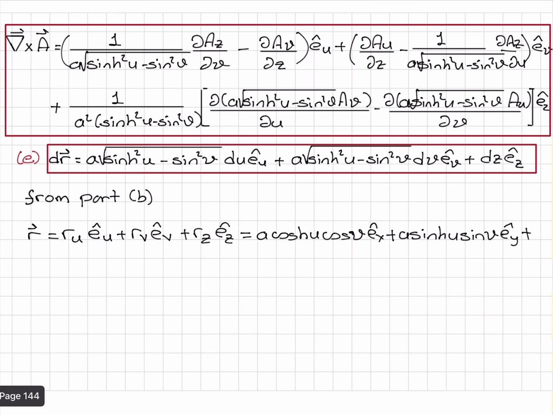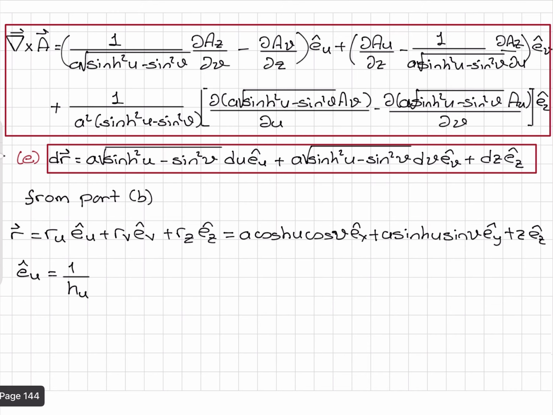Now, what is the unit vector e_u hat? The unit vector e_u hat is 1 over the scale factor h_u times del r del u. So we need to calculate del r del u. Looking at the first term, I have cosh, the derivative is going to be sinh, so a sinh u cos v e_x hat.